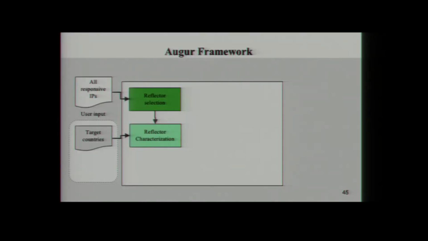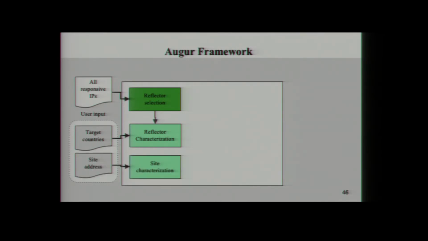And this is the overall view of how Augur works. It scans the whole IPv4 space and finds reflectors that follow global IP ID behavior. Then it checks whether they're reliable, stable machines, good machines to measure from.